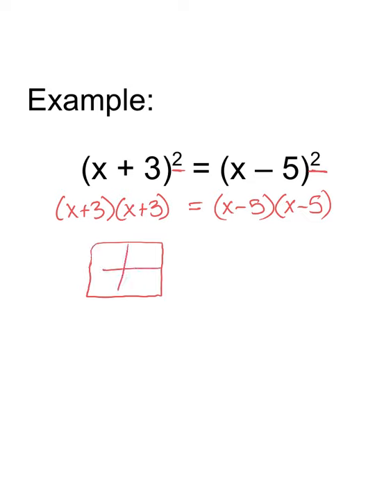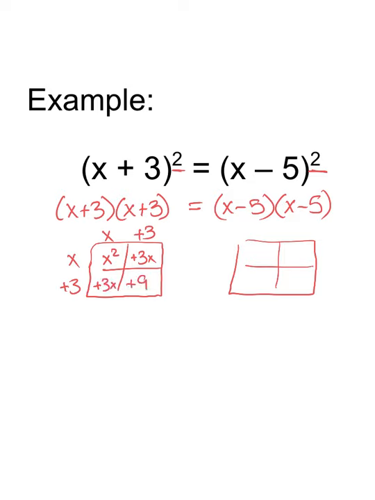So if we make a box here and a box here, and I write an x and a plus 3, an x and a plus 3, I get x squared plus 3x plus 3x plus 9. Over here, if I multiply by using the box method, I get x squared minus 5x minus 5x plus 25.